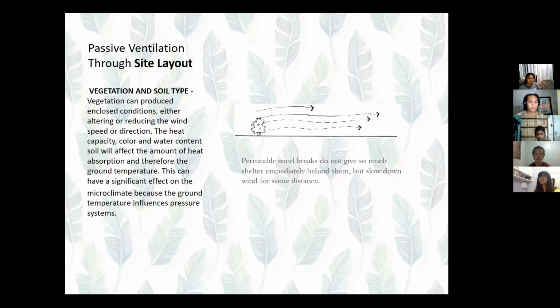So you consider na it slows the wind speed. So in terms of ventilation, hindi masyado maigi na meron kayong immediate na trees and shrubs. It's a good filter of noise though, and air pollution, pero for the sake of ventilation, hindi siya gaano ka-igi.